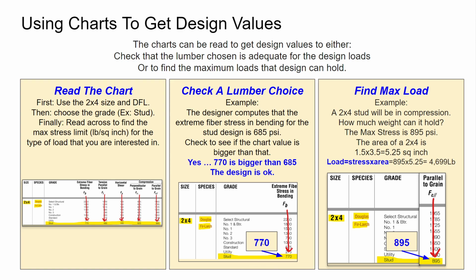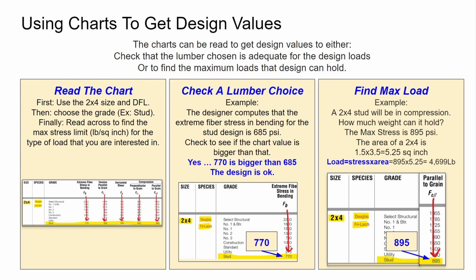That's my limit. And then the designer has said, I'm going to develop at the most 685. Is that okay? Well, 685 is less than the limit, so it's okay. It will see less than the maximum that it can handle. 770 is bigger than 685. The design can be accepted. So that's one thing we do.